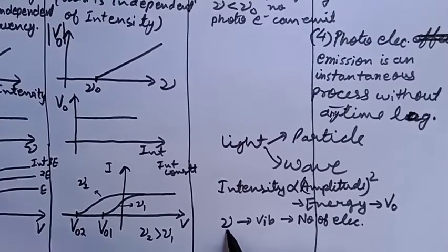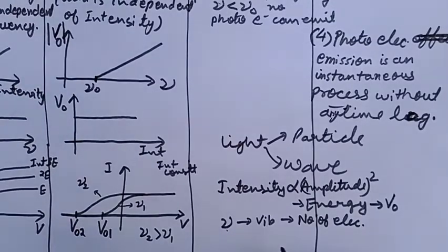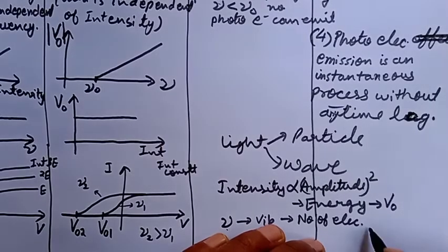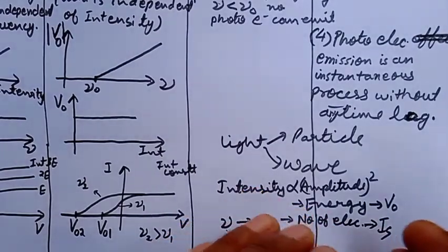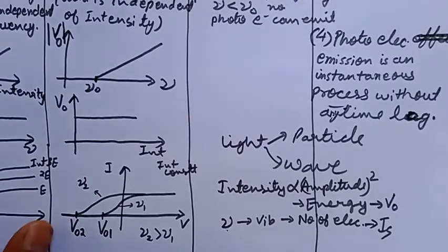Next, frequency is related to vibration of electrons, and that is why it is related to the number of electrons that will be emitted, which leads to the photocurrent, ultimately the saturation current.